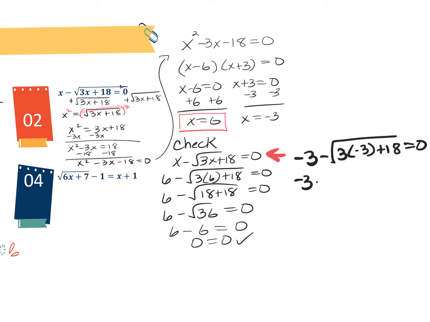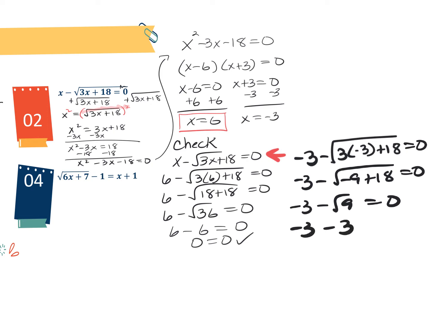Negative 3 minus the square root of negative 9 plus 18 under the radical. Negative 3 minus the square root of 9. The square root of 9 is 3. Negative 3 minus 3 is negative 6. This does not equal 0, so x equals negative 3 is a bad answer.